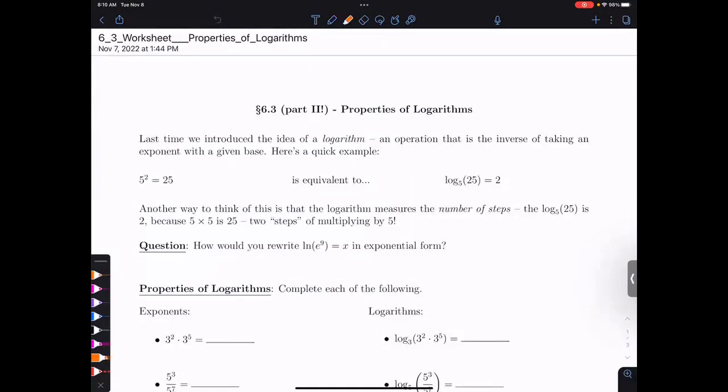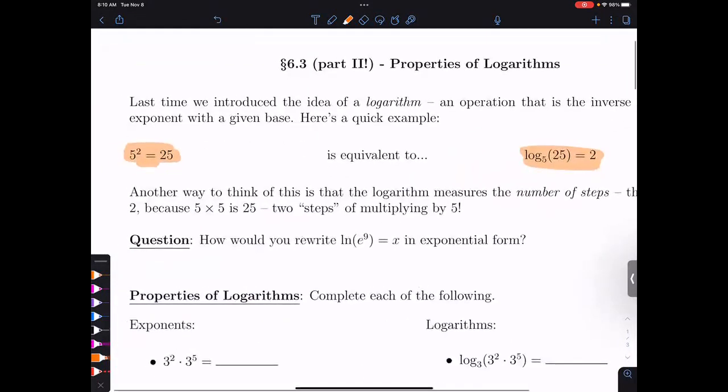So first, as a reminder, because we can't say it too many times, an exponential statement like 5 squared equals 25 is equivalent to the log base 5 of 25 being 2, because 25 is 2 copies of 5 multiplied together, right? That's what a logarithm is and how it works. It measures this number in terms of this base.